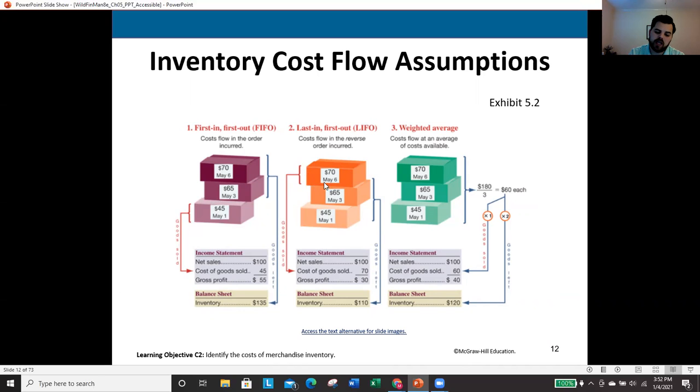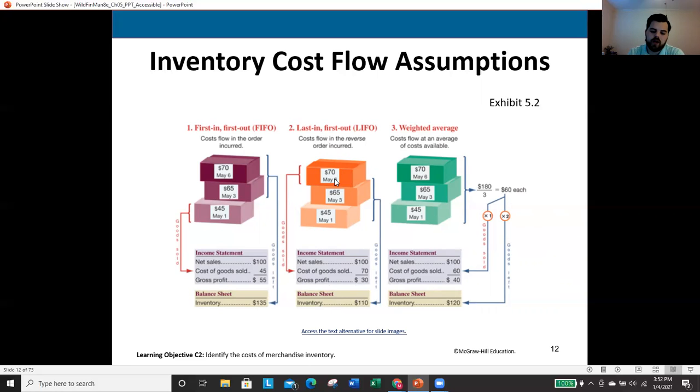Because you are first selling the goods that came in last, they came in at the higher price in a period of rising prices, which is, of course, common since we typically see inflation and not deflation. So we see this happening where we pull down the $70 cost for cost of goods sold, and we take that from our $100 in sales, leaves us with only $30 in gross profit versus $55, as well as our inventory balance is significantly lower.